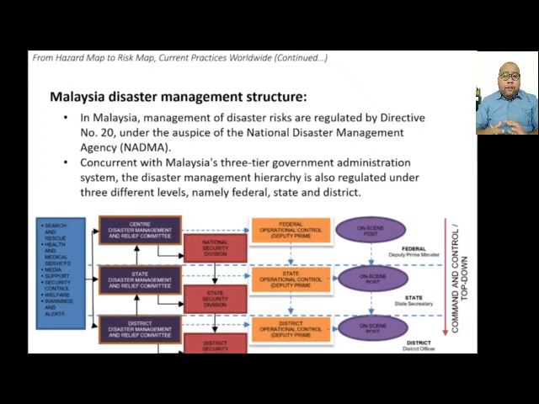As I mentioned before, Malaysia normally, kalau kita cakap bencana, kita akan lihat in terms of banjir. Kalau untuk banjir, and then there is landslide before this. Normally the problem is landslide.